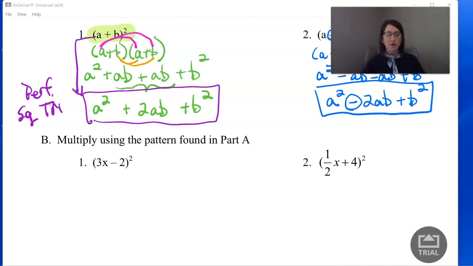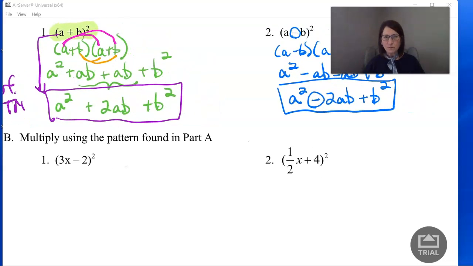Okay, so I noticed two things. One, I have a binomial raised to the second power. Second, I have a subtraction sign in my binomial. So that means I'm going to use the blue formula.